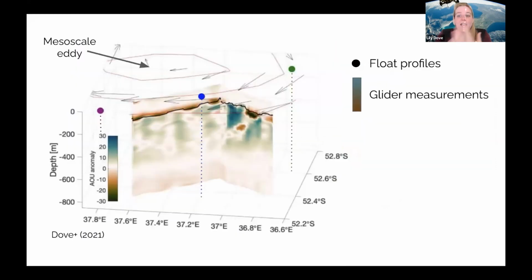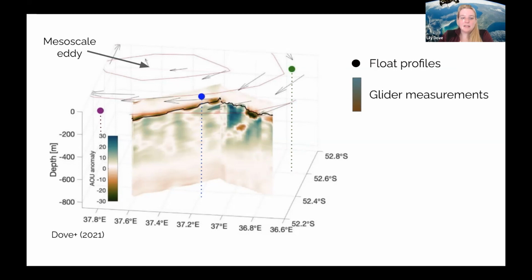But the gliders gave us the opportunity to begin pulling out some of the processes that might lead to this distribution. So what's plotted here, on top, you can see the streamlines of a mesoscale eddy. And in this curtain plot are the glider measurements. Each of these dots, the green, the blue, and the purple, represents one float profile. So this float was traveling around the eddy, and our glider did a cross across the eddy into the center and then back out again.